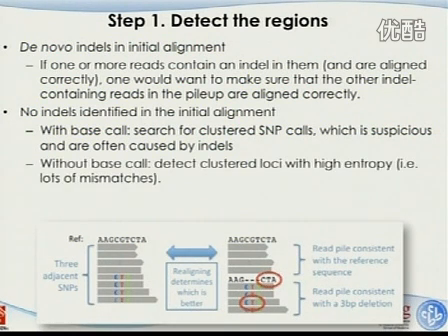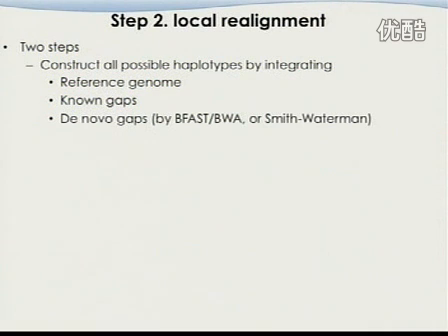And if we haven't even done base calls, we want to detect clustered loci with high entropy, meaning there are a lot of mismatches in those regions. We want to consider realignment on those. The third category is known indels in dbSNP, and for those regions we certainly want to do the insertion deletions. This is the general step 1, trying to identify the regions that we need to realign.